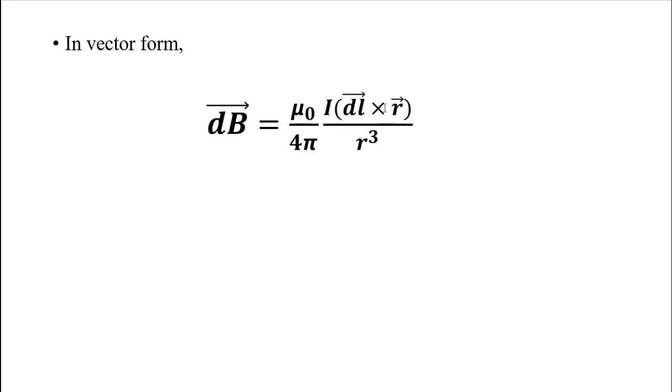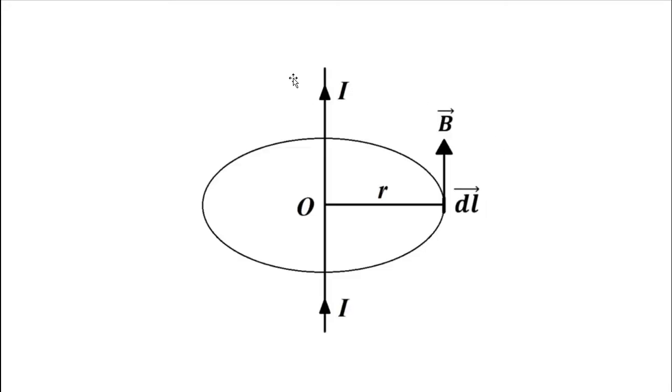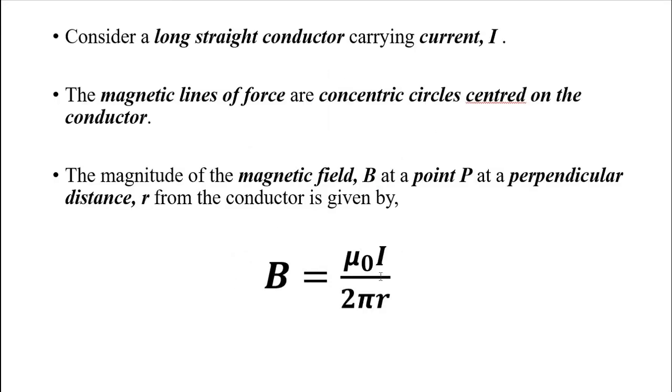So dB vector is perpendicular, which means the total flux density because of the whole wire will also be perpendicular to that. Here the value of B vector is mu 0 I by 2 pi r.